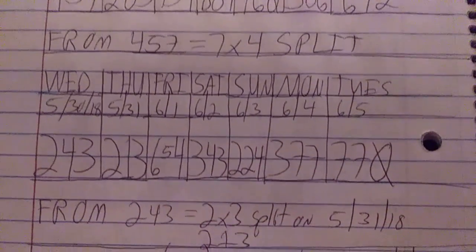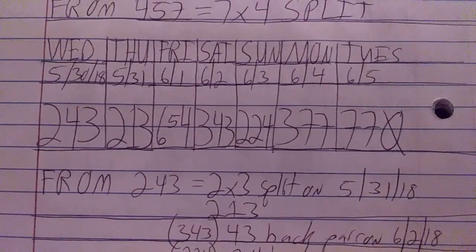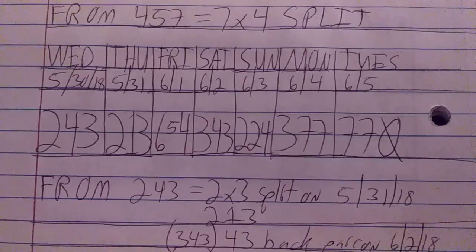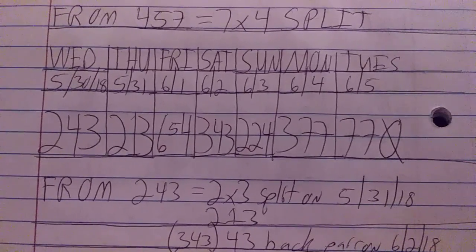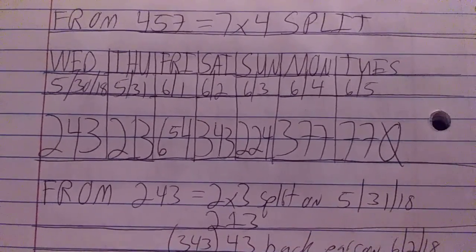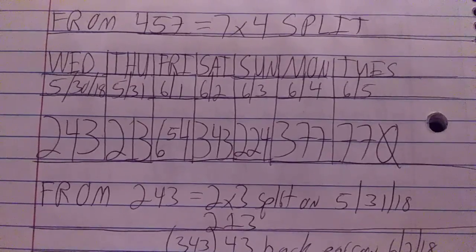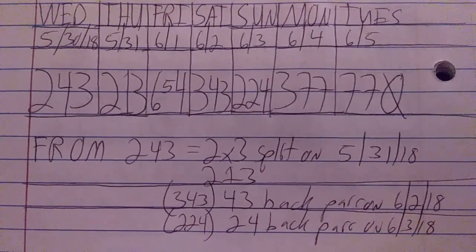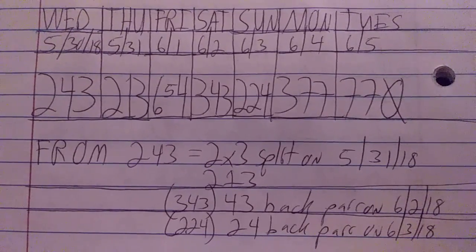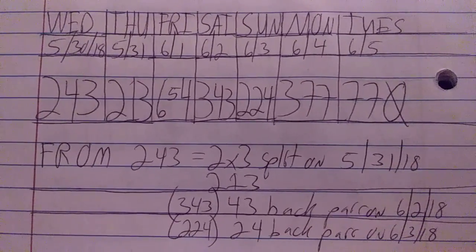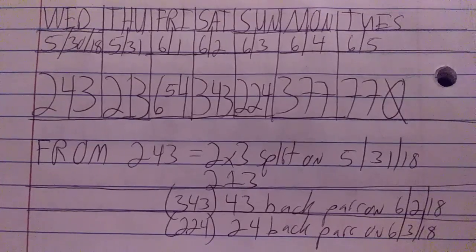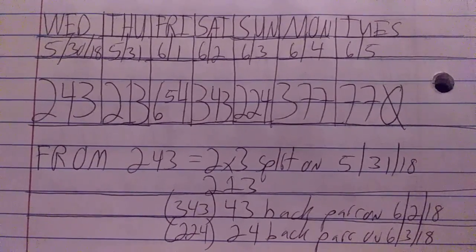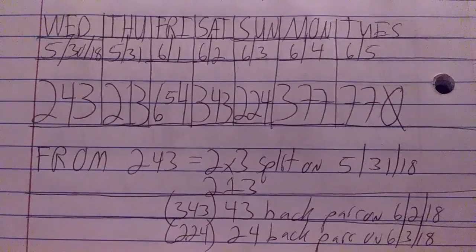In the next week, you had a 2-4-3 hit on May 30th. From that, you had a 2x3 split on May 31st with 2-1-3. You also had a 4-3 back pair on June 2nd with 3-4-3, and a 2-4 back pair on June 3rd with 2-2-4.